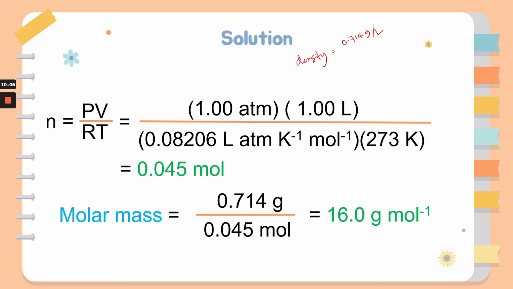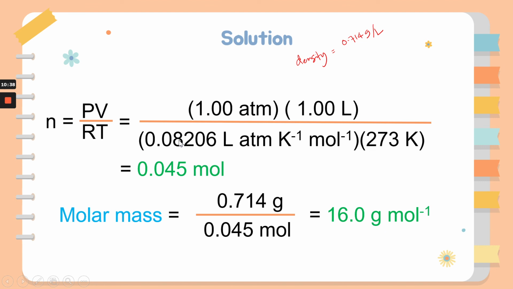So now we have to substitute all the data that we have into the ideal gas formula. We rearrange the formula because we want the number of moles: n equals PV over RT. So we substitute all the data. P is 1 atm at STP. V is 1 liter.